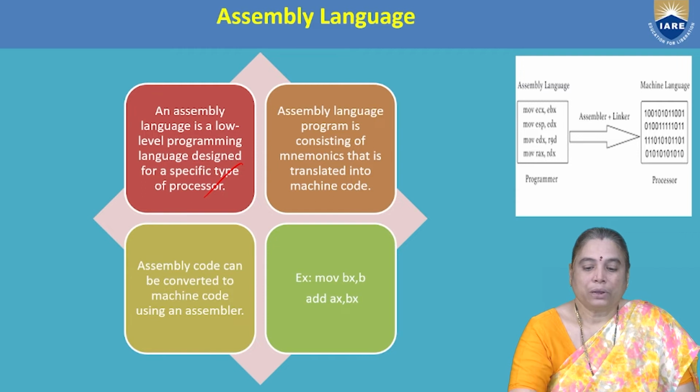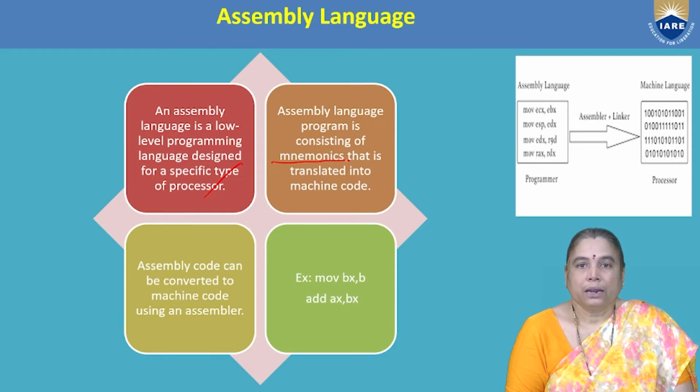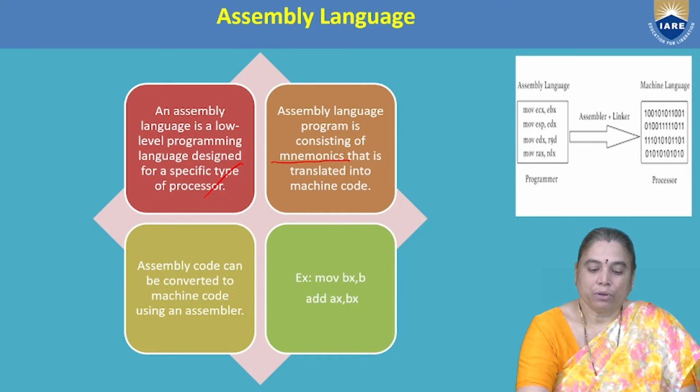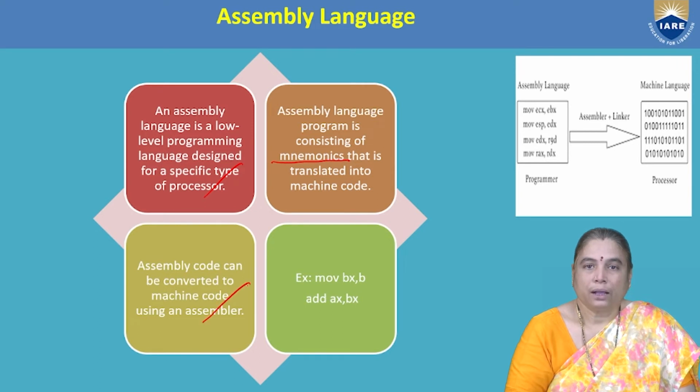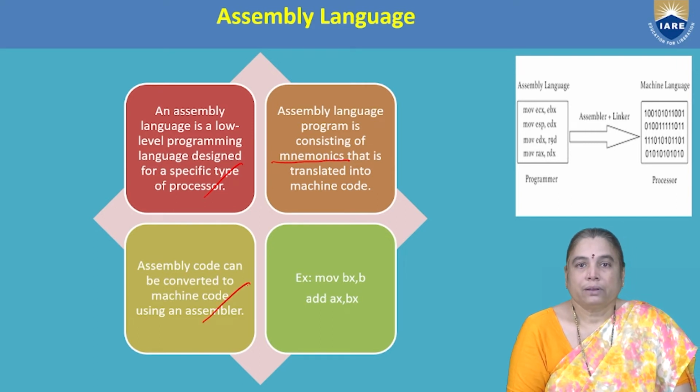An assembly language program is constructed using mnemonics so that the readability of the code is increased. Assembly language code can be converted to machine code using the assembler. The system can understand the stream of binary code, that is, zeros and ones.